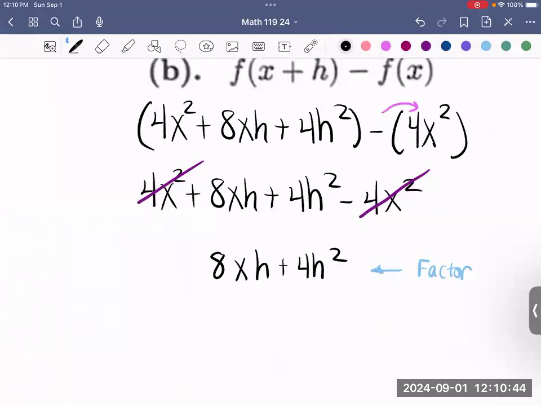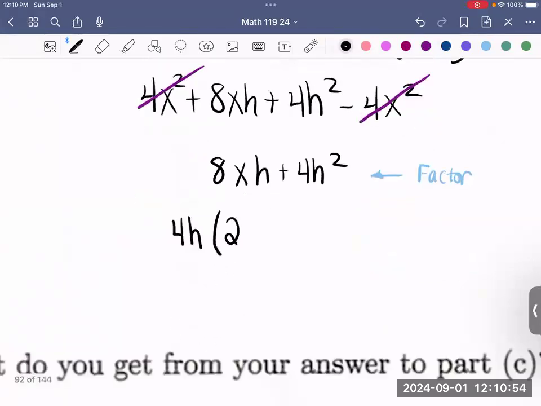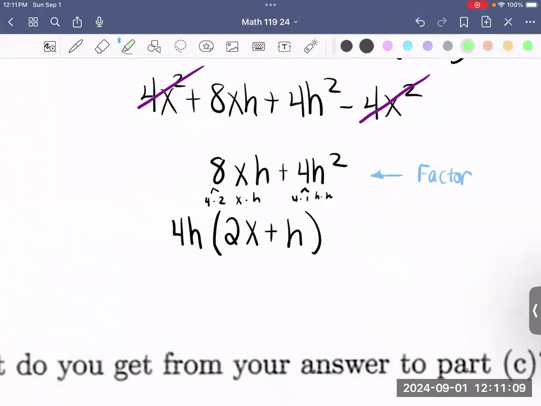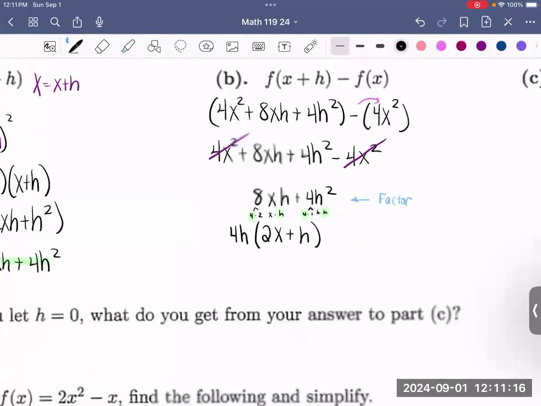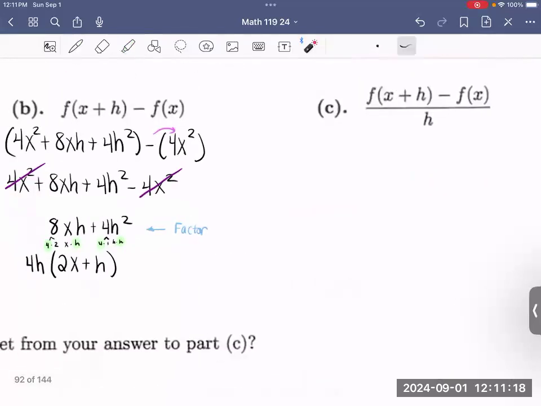So you'll notice that 4 and 8, they both have a 4 in common, and they also have an h in common. So the leftovers of your first term are 2x, plus a singular h, because you're left with 2 and 4, you have 1, that, 4 and 1. Then you have 2 h's here. So all we did when it came to some factoring is we took out 1 h from each and 1 4 from each. So then what's left is to then put it into the difference quotient.